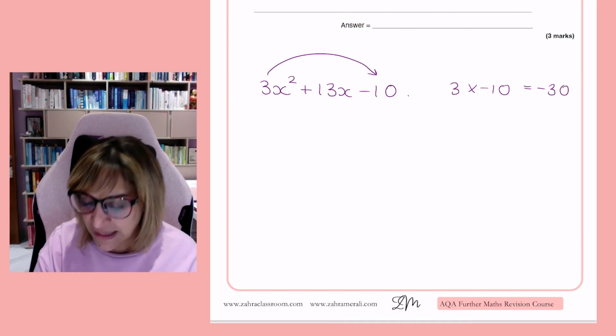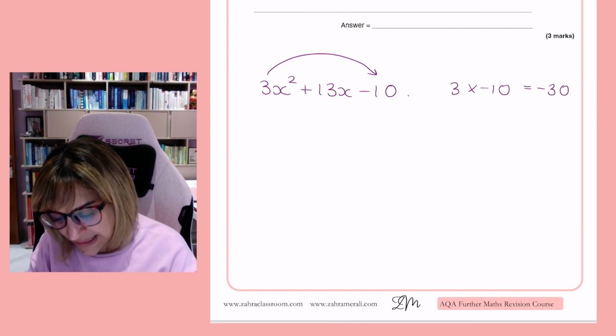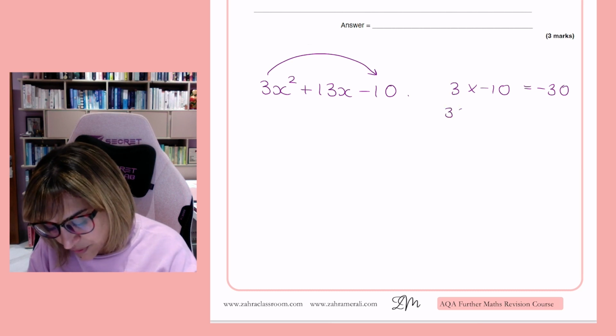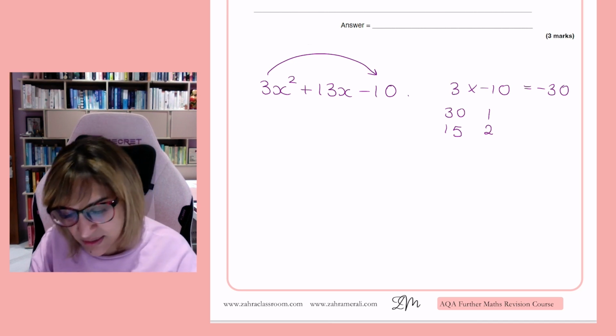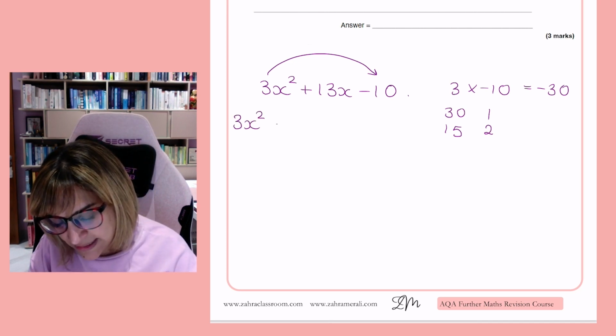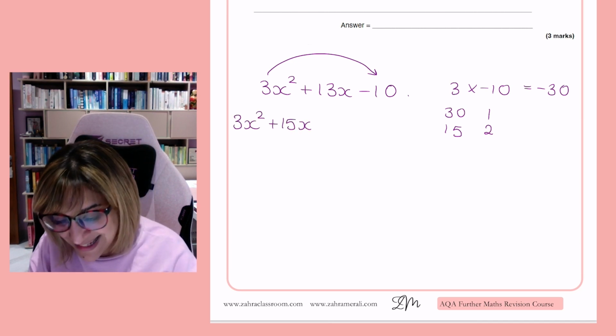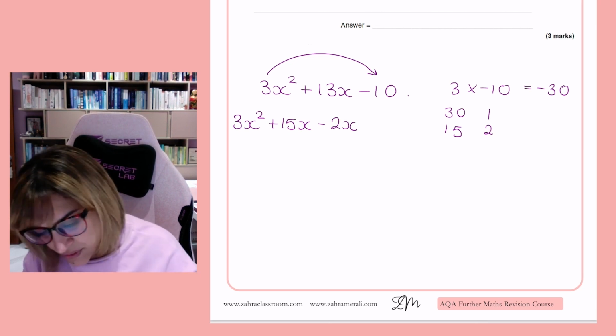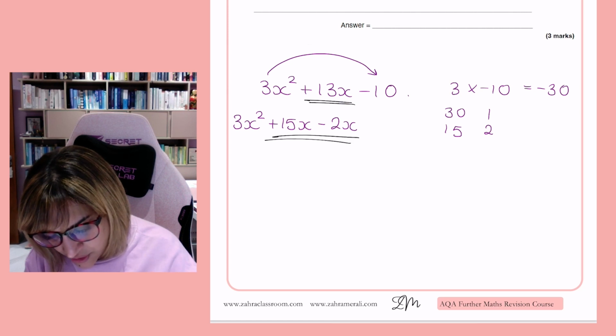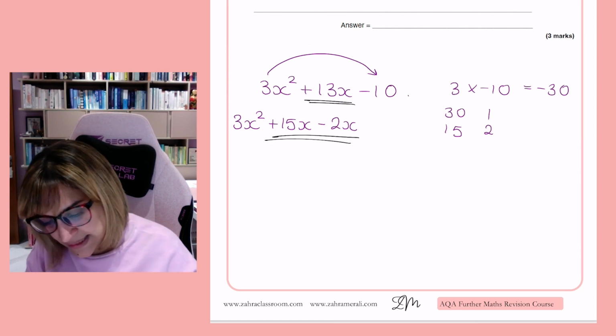And then you're looking at factors. So you go, how can I get 13 from that? So I've got 30 and 1, that doesn't work. 2 and 15, that works. So I can do 3x squared plus 15x minus 2x. So I replace. So this is made up of these two, minus 10.